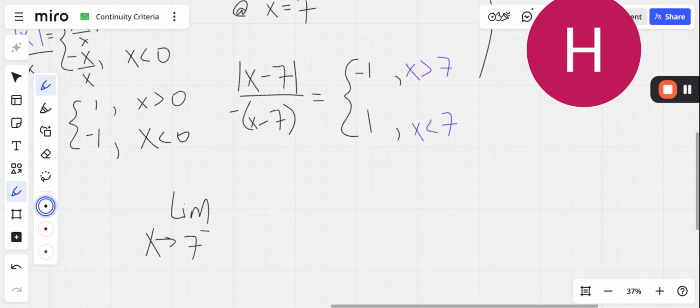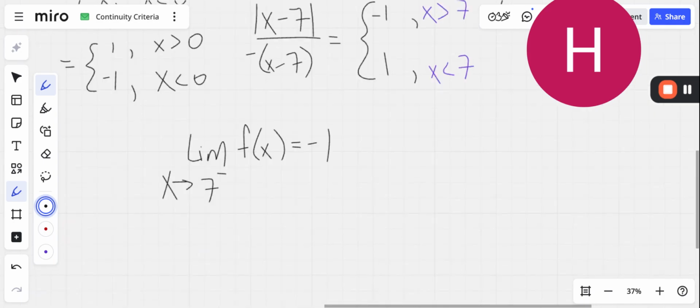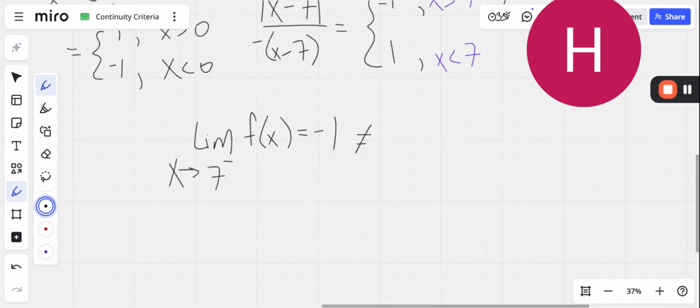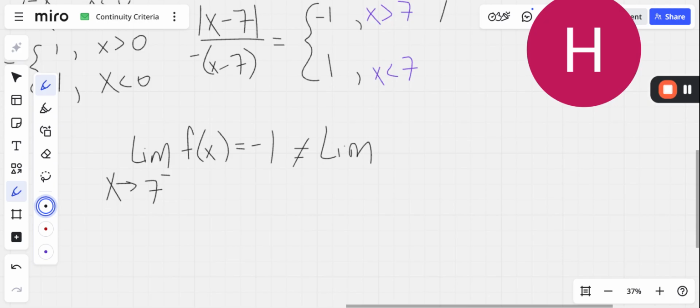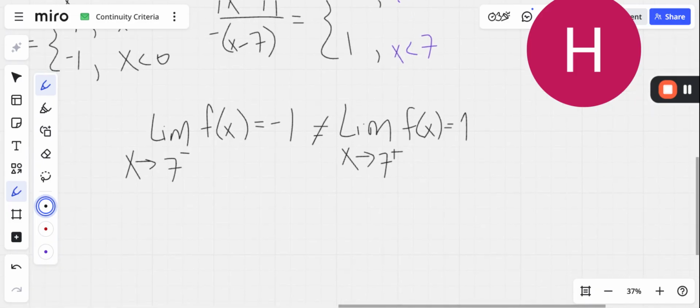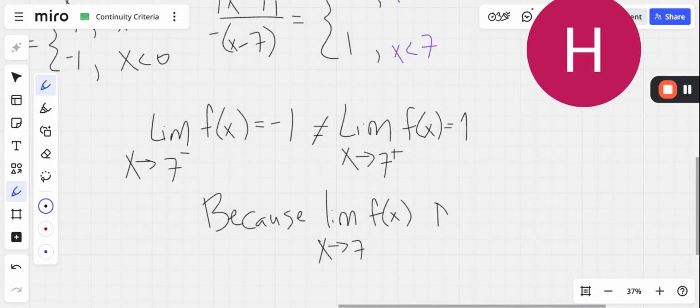From the left-hand side, this is just going to be negative 1. But from the right-hand side, this is not going to be equal to the limit on the left-hand side, which is going to be positive 1. So therefore, because the limit as x goes to 7 does not exist, we call this a jump discontinuity.